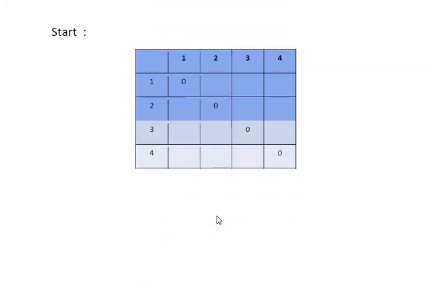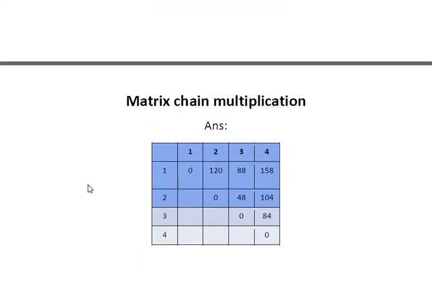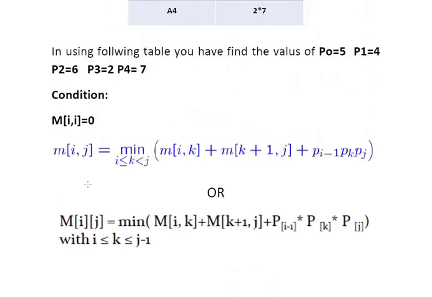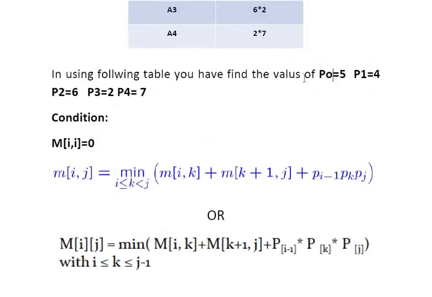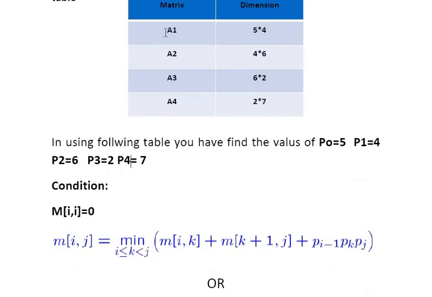Now we can start. This is the table you have created. We start the matrix chain multiplication with values P0 to P4, here 5 values. But you saw that the matrices given are 1, 2, 3, and 4.